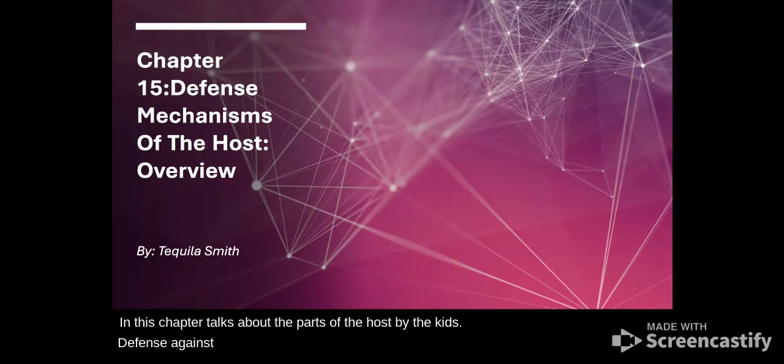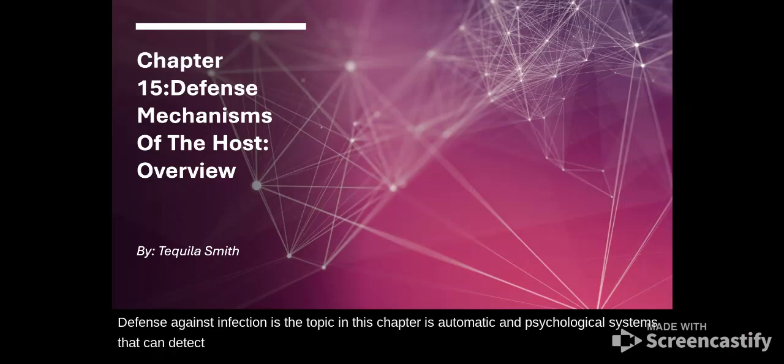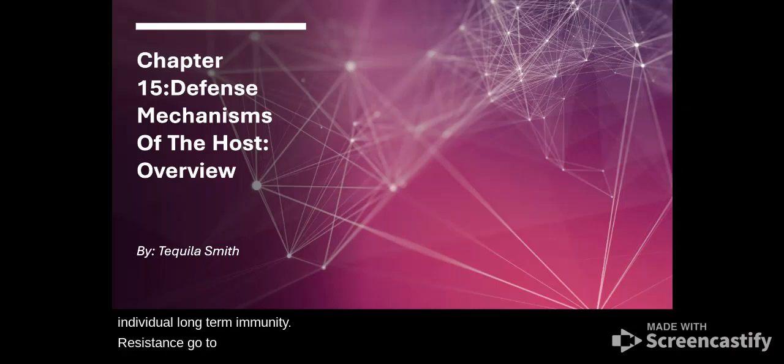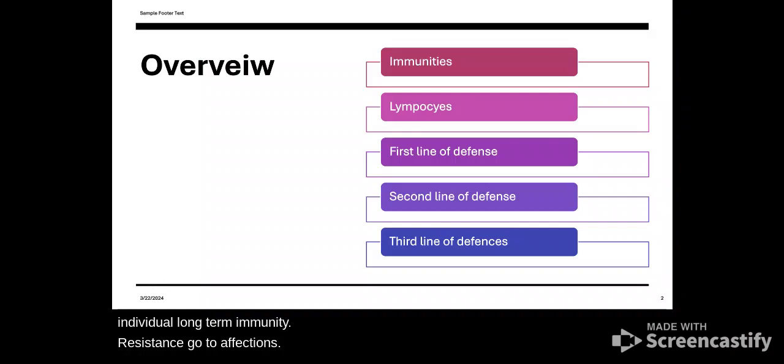The topics in this chapter are immune and physiological systems that can detect, recognize, and destroy foreign substances, and the response that gives an individual long-term immunity or resistance to infections and diseases. Okay, immunities.